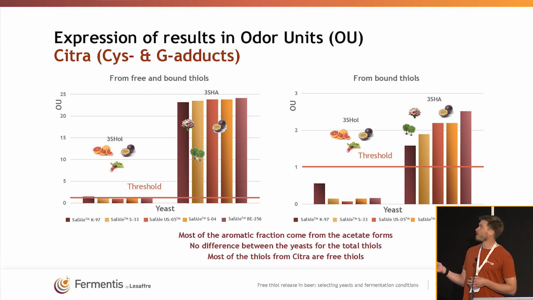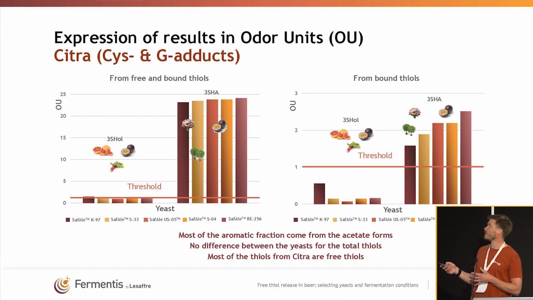So here, what you see is that in Citra, already just from the varietal of the hop, you have a huge amount of thiols, such as, for instance, here, 3-SHA. You have a lot of thiols expressed. So yeast, here is the influence. This is the influence of the yeast.